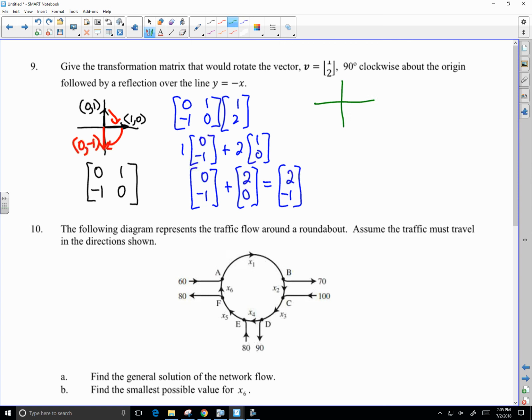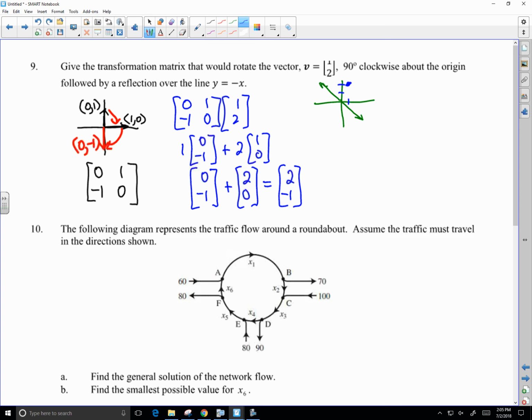So you have the line y equals negative x. That's this line here. I want to flip over that line. Let's say I had the point 1, 2. It doesn't matter what the point is, any point.